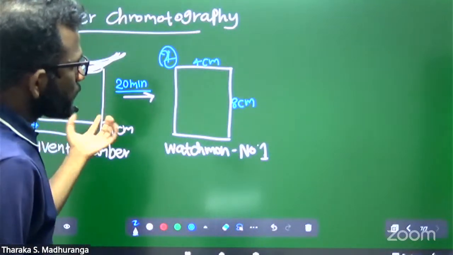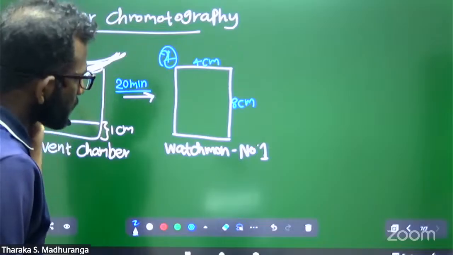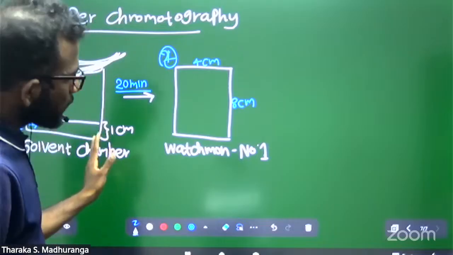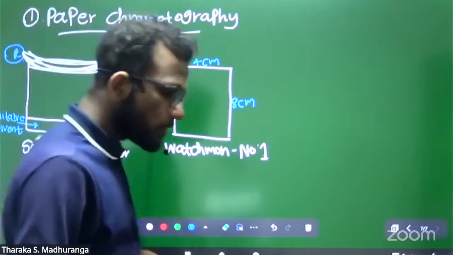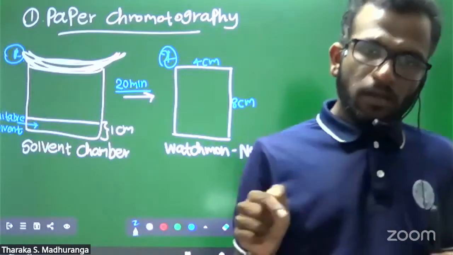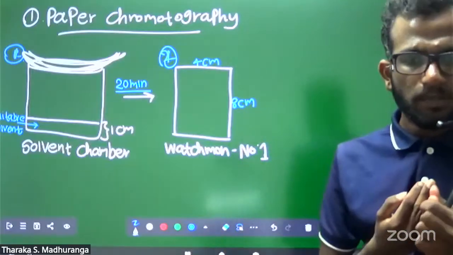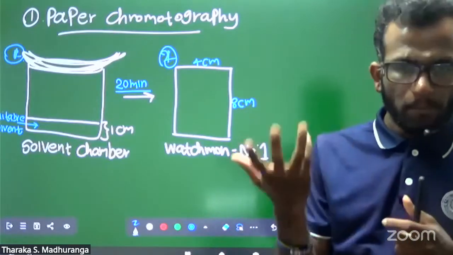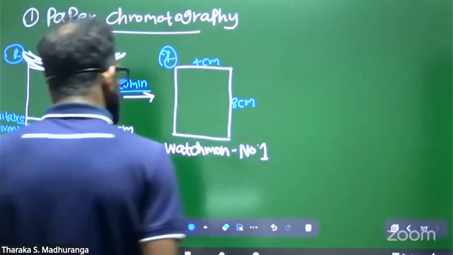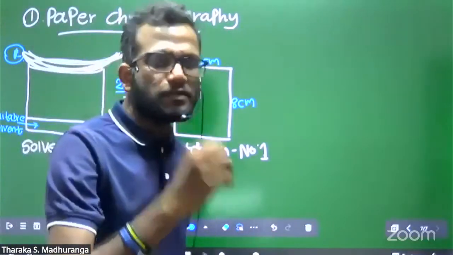First of all, we prepared the reaction chamber. After that, in the second step, you have to collect a Whatman number 1 chromatography paper from the laboratory, and you need to get a very thin pencil.